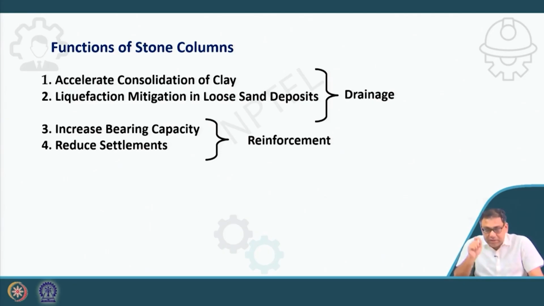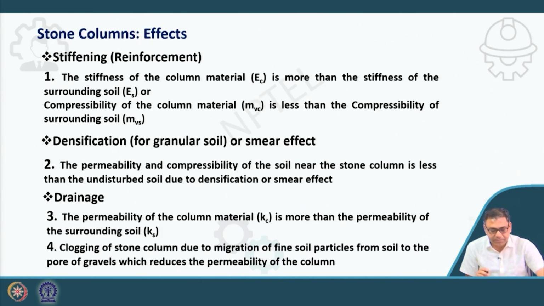If it is used for reinforcement purpose, then it can increase the bearing capacity and reduce the settlement. Clear? Here we are mainly discussing liquefaction mitigation in loose sand deposit.